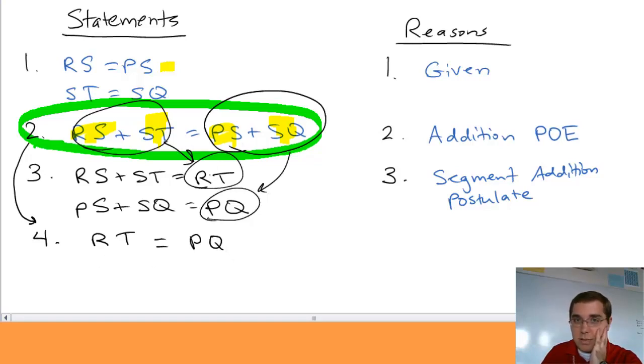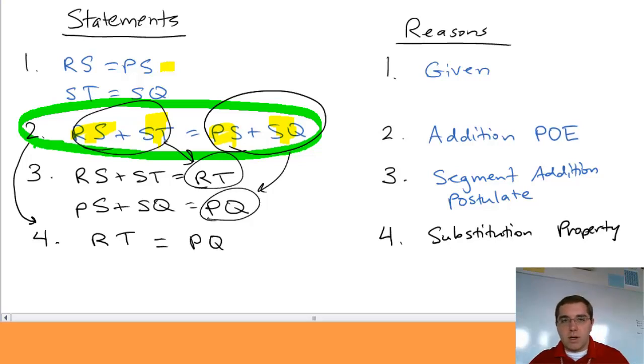What allows me to make those replacements, or those substitutions, is the substitution property. If two things are equal, I can plug one in to an equation for the other. So I can plug in RT into this equation for RS plus ST. I can plug PQ into this equation for PS plus SQ.